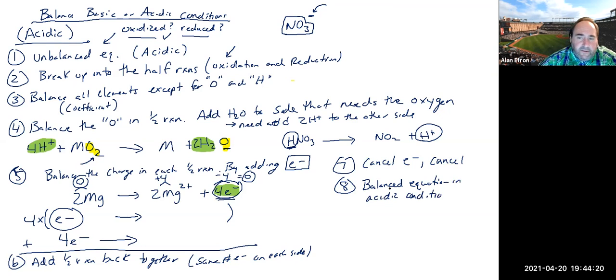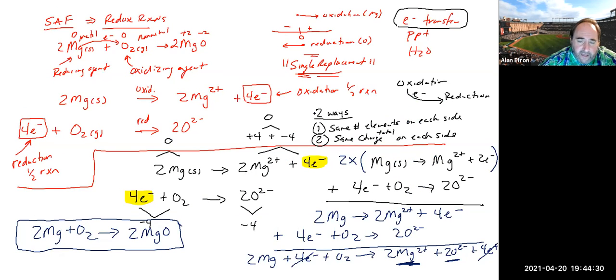And this balanced equation in acidic conditions will be balanced the 2 ways we talked about on the other slide. They would be balanced in terms of same number of elements on each side and the same overall charge on each side of the arrow. And that's how you know you properly balanced it in acidic conditions.